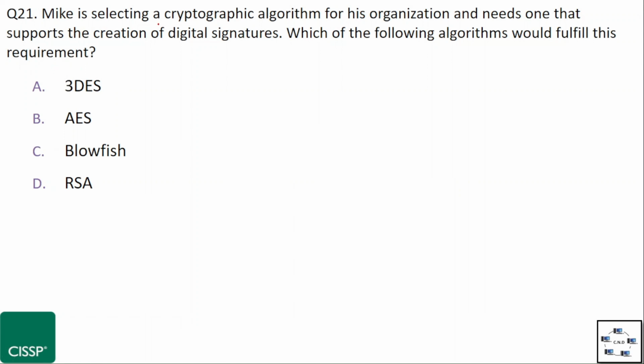Question number 21. Mike is selecting a cryptographic algorithm for his organization and needs one that supports the creation of digital signatures. Which of the following algorithms would fulfill these requirements? If you understood the previous question, this question is also related. What type of algorithm is used for creating digital signatures? We have the options triple DES, AES, Blowfish, and RSA.